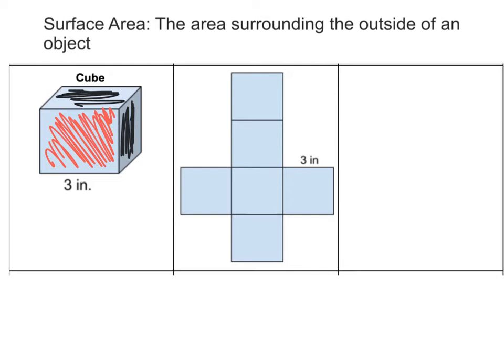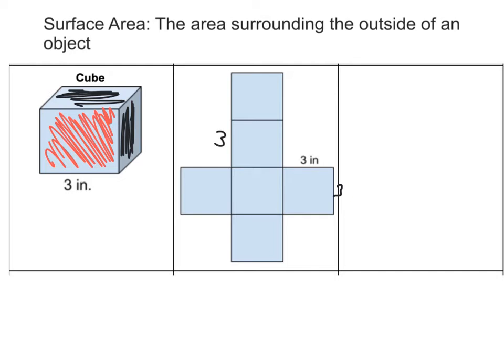The cool thing about a cube that makes it really easy to deal with is that all the side lengths are equal. So we know that if the base is 3 inches wide, then it's also 3 inches long, and it's also 3 inches tall.